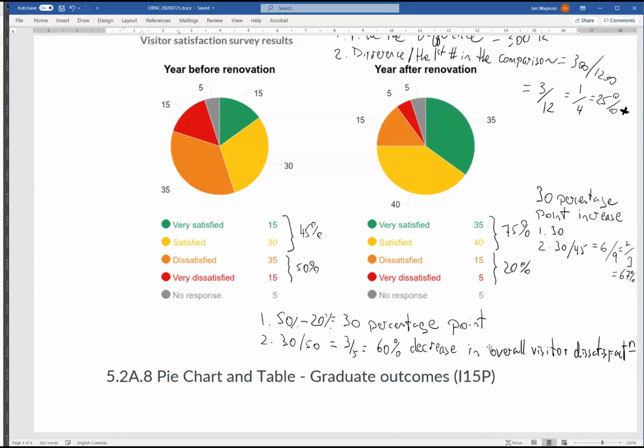Whereas in the year before the renovation, more visitors had been dissatisfied. Just to give you an example sentence, it would be something like, after the renovation, 15% of visitors were dissatisfied, whereas before the renovation, 35% had been dissatisfied. You use past perfect before other past information.